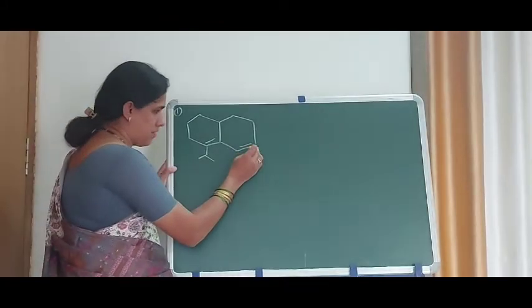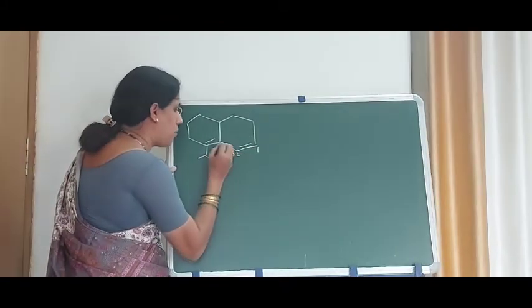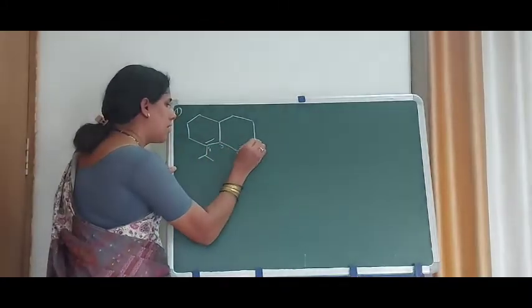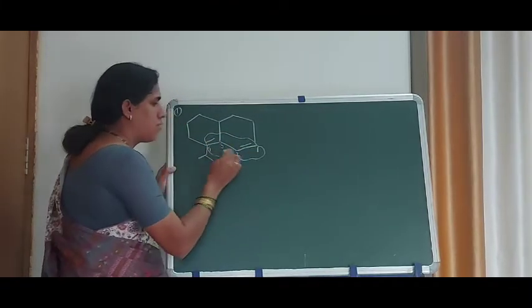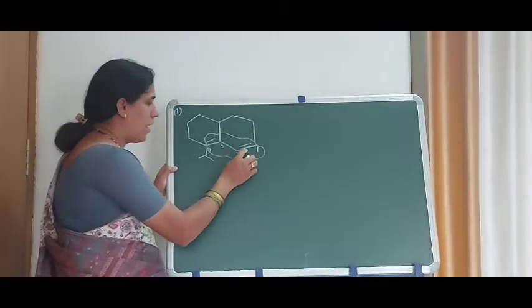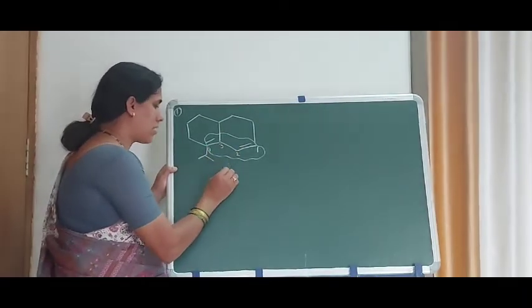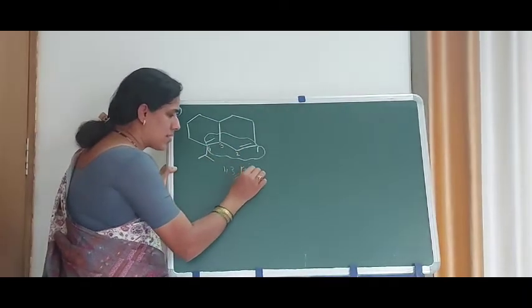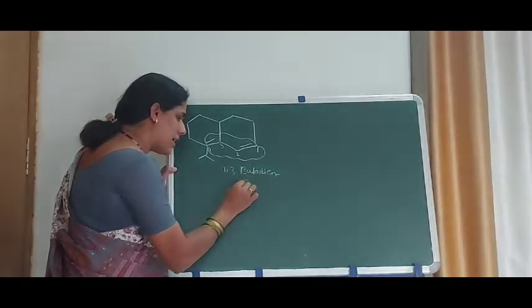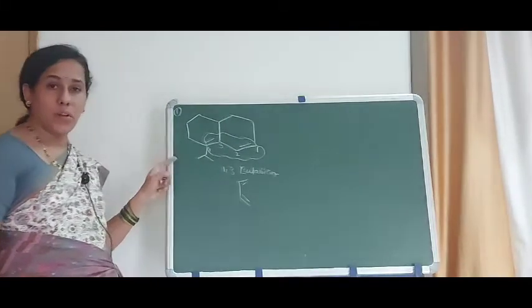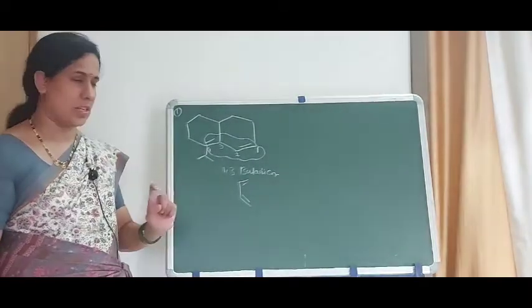Say it is 1, 2, 3 and 4. Just follow the rule as follows. We identify here 1, 2, 3. What is the structure? That is 1,3-butadiene. We saw a similar structure like this in the last video.